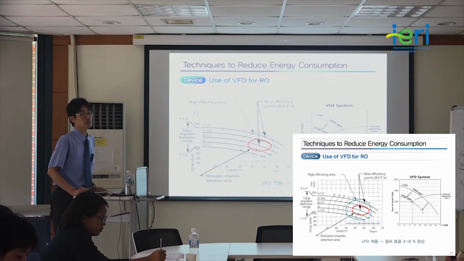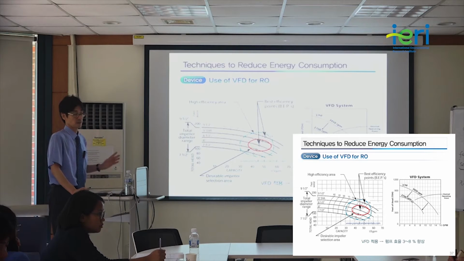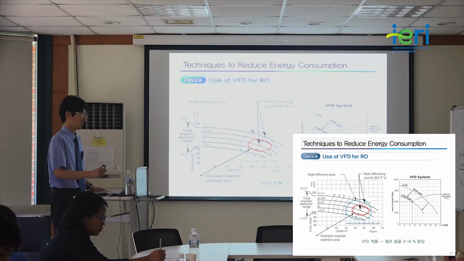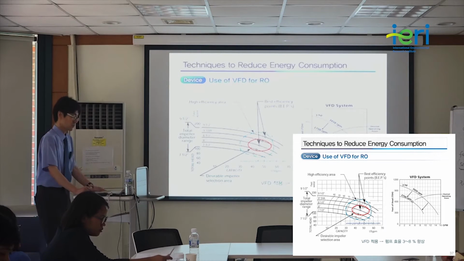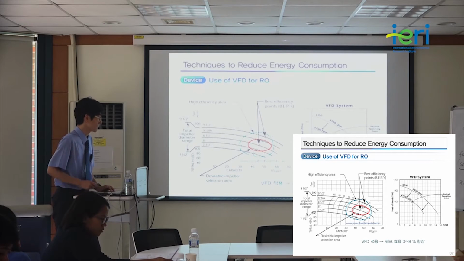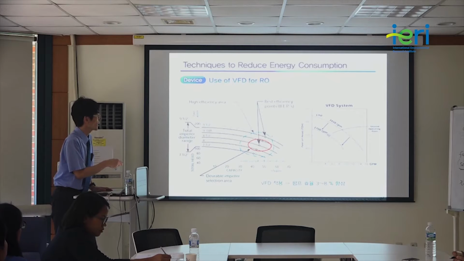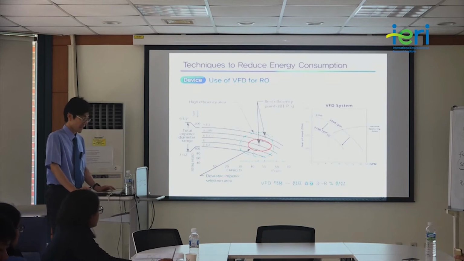But now, since energy reduction is very important, the desalination plants built recently have this VFD device to adjust the pump speed, increase the energy efficiency, and reduce the specific energy consumption. By attaching VFD, we can improve the pump efficiency by 3 to 8%.